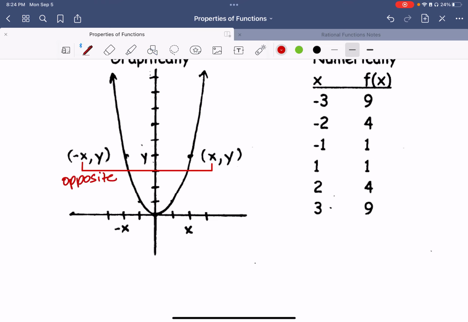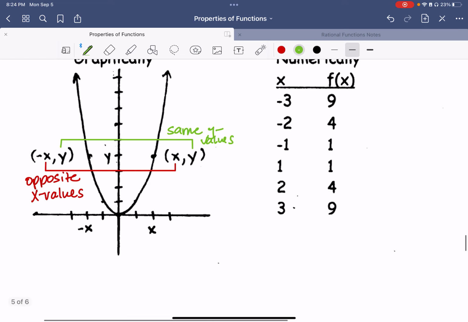So you have opposite signs for the x values. Opposite x values. One is positive, one is negative. However, for the y values, they're going to be the same. So they're either both positive or both negative. Okay, so you have the same y values. So that's how you can tell on a graph.